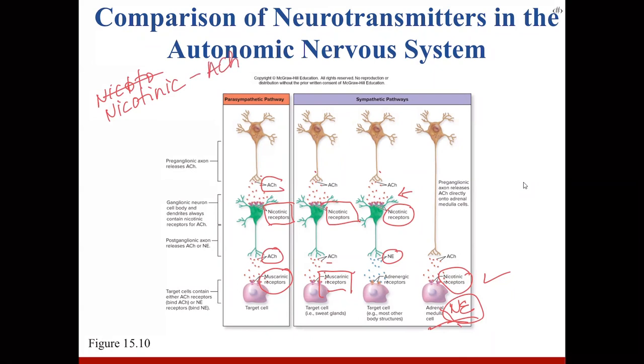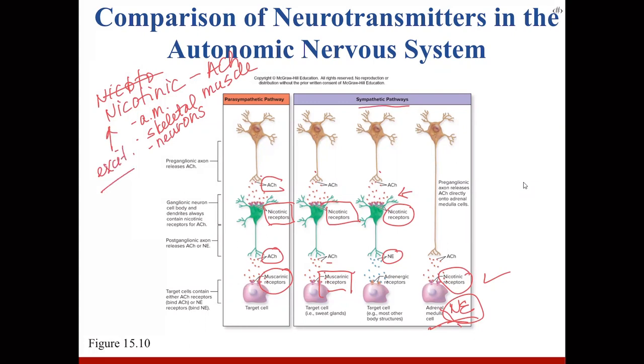They are going to be in the adrenal medulla, in the skeletal muscle junction, and in some neurons. Now, it's always going to be excitatory, so it's always going to turn things on.